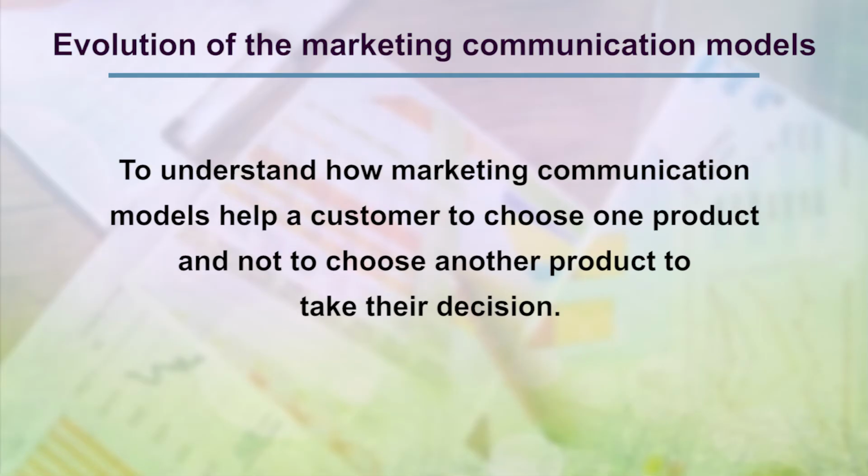Marketing communication models have a great impact and help marketers and advertisers to influence customers. That's why, in today's date, it is important to understand how marketing communication models help a customer to choose one product and not another.